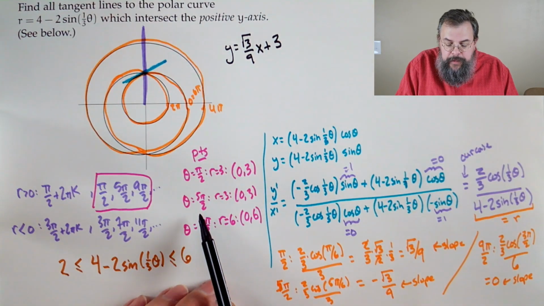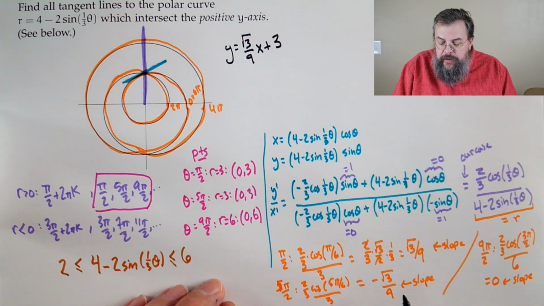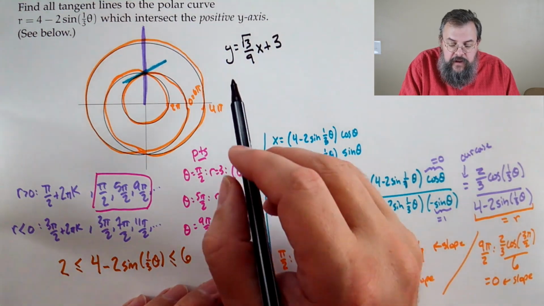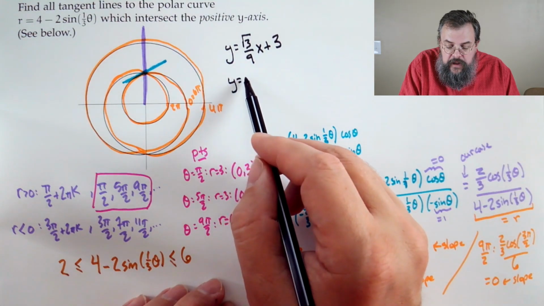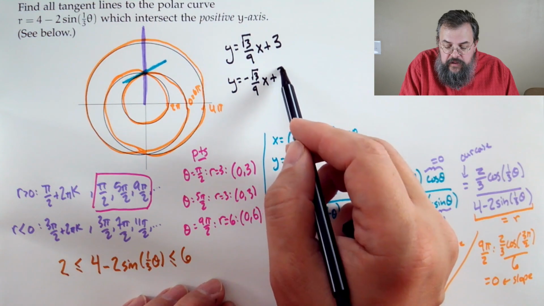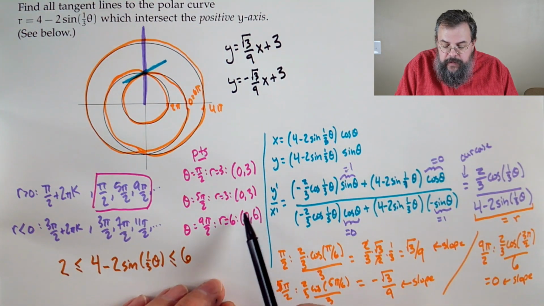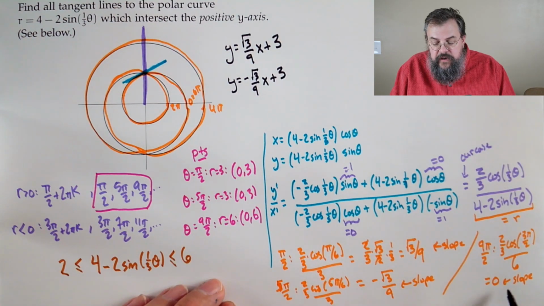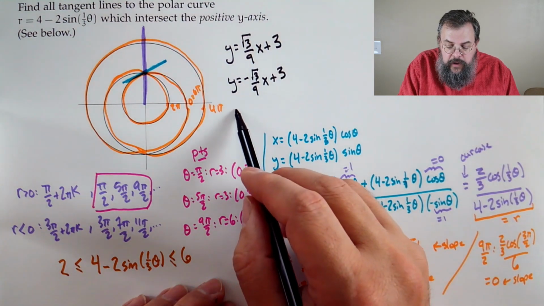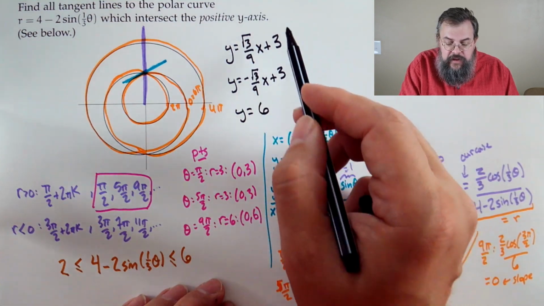For the next one, 5 pi over 2, our intercept is still 3. Now our slope is negative root 3/9. So y equals negative root 3/9 x plus 3. For 9 pi over 2, our intercept is at 6. Our slope is 0. So y equals 0 times x plus 6.